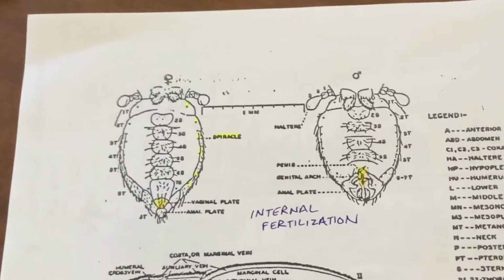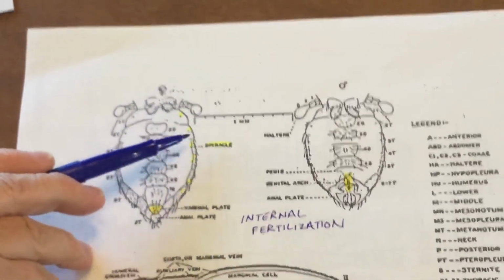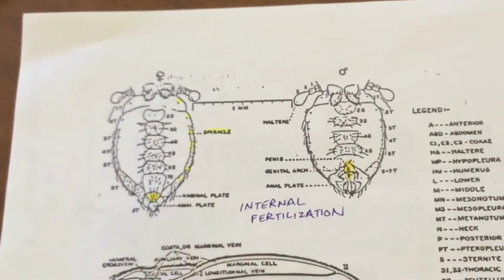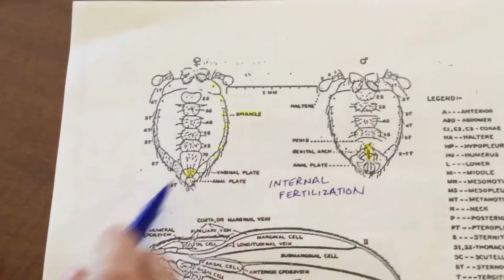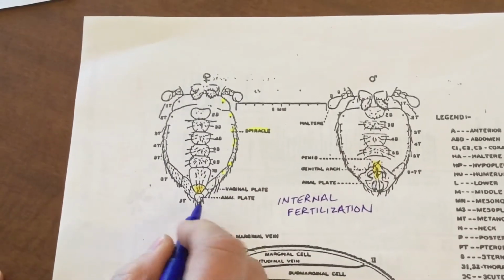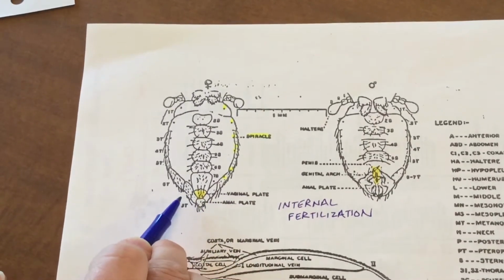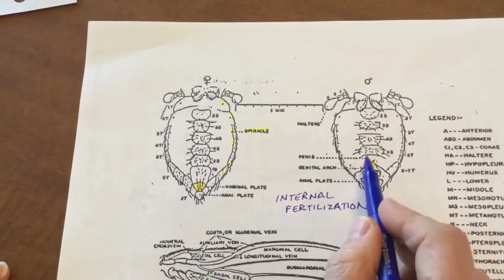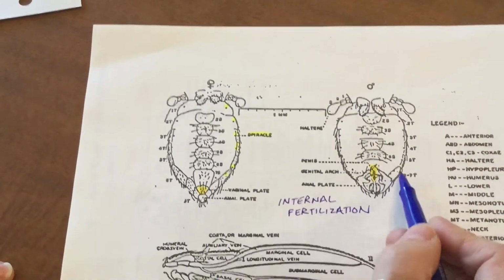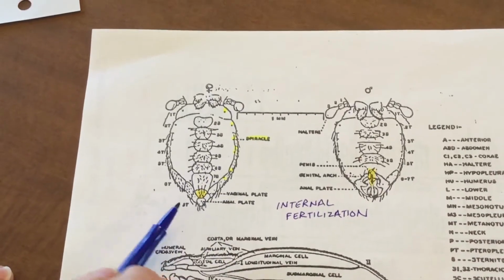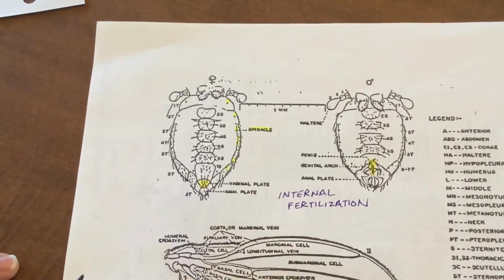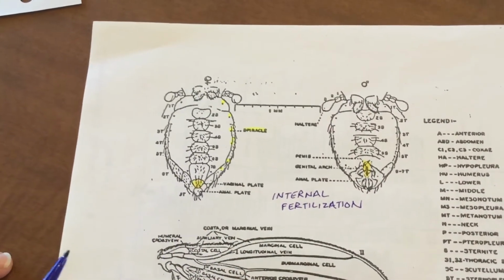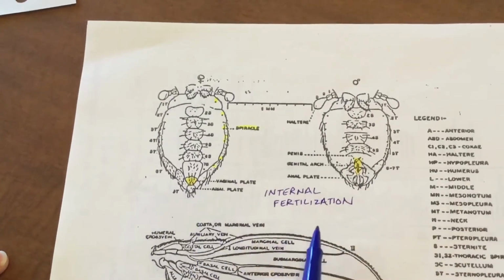On the belly side of the fly, so you may or may not see spiracles down the side. They're pretty tiny, doubtful you will see them. We have the female fly over here, so she has a little vaginal plate. On the male fly, he does have a penis. It is internal. When the two flies are together, the male's penis will fit into the vaginal plate and vaginal opening, and fertilization will be internal.